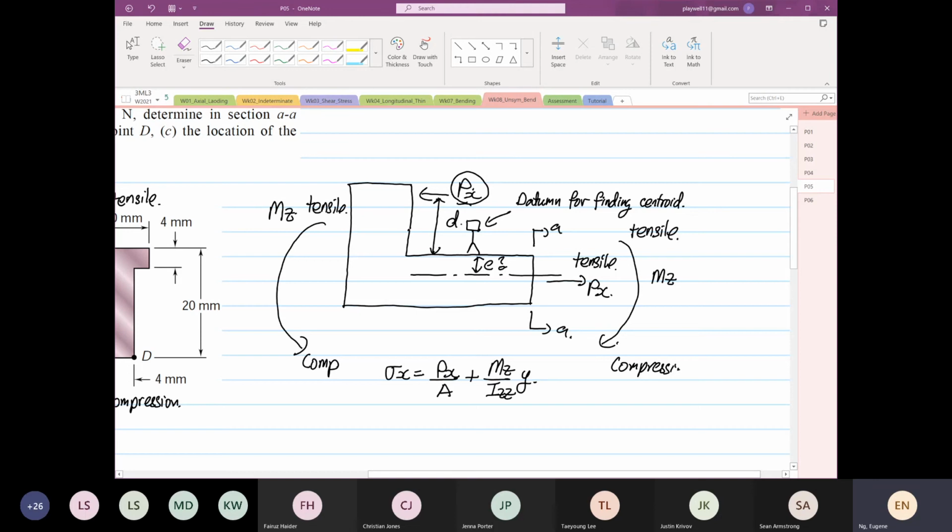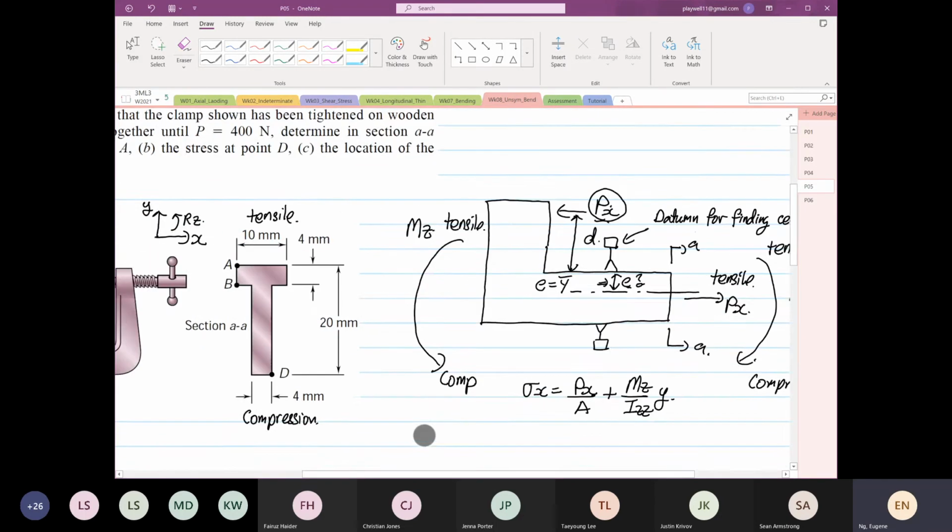You will make fewer mistakes because once you find this E, E is also equal to your big Y bar. Yes, Eugene, come on. So you just replace your E with your Y bar. If you take your datum down here, what will happen? You have to compensate. So don't make that mistake.